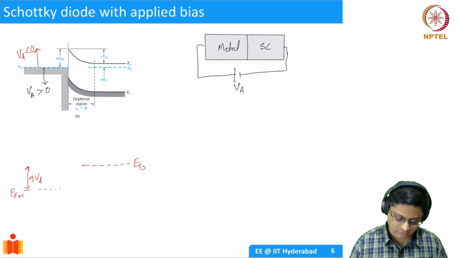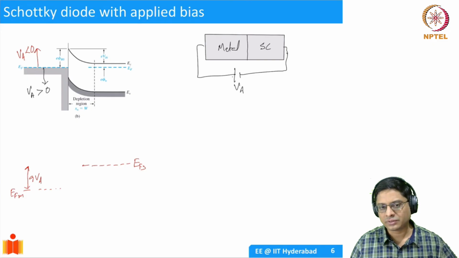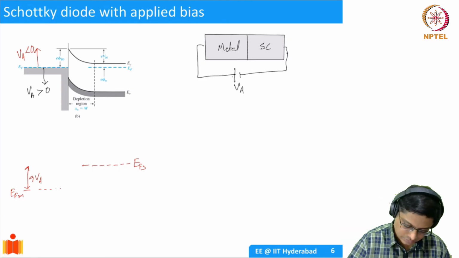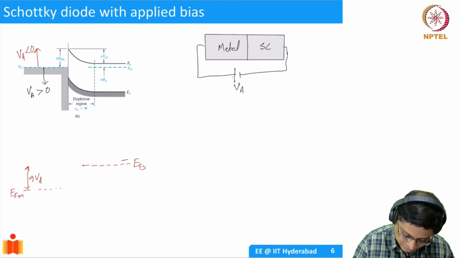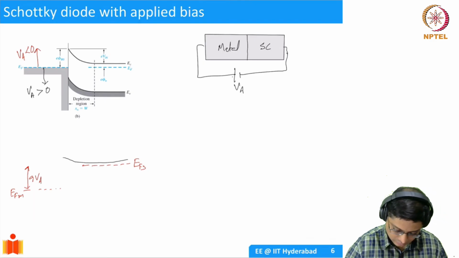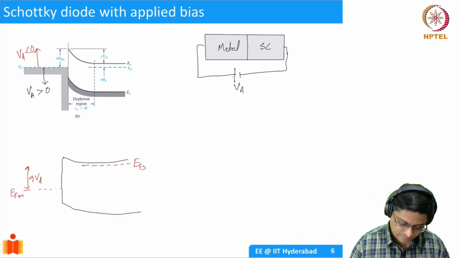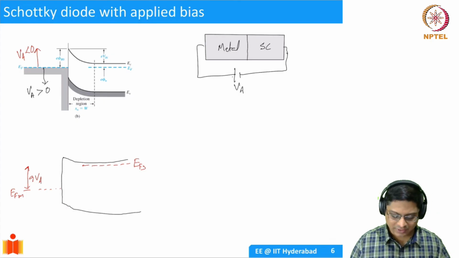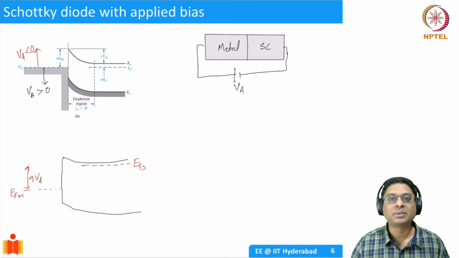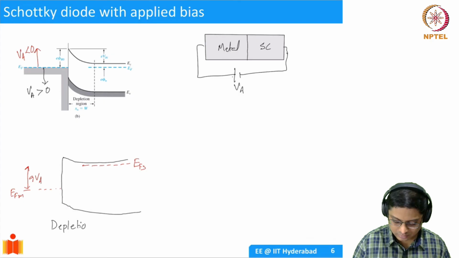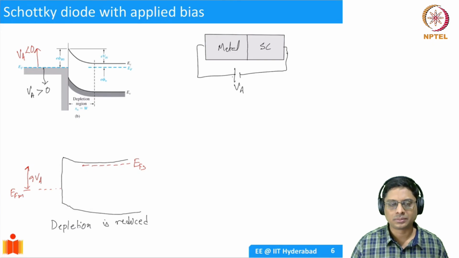Now essentially what we are doing is pulling the bands down, so the barrier height is going to reduce. Instead of the previous case, you will have a barrier which is like this. Because we are pulling it down, we are reducing the depletion, because we are pulling down the Fermi level of the metal.